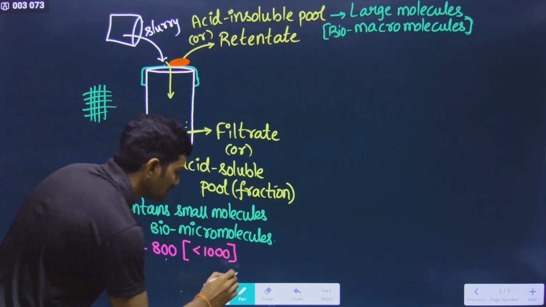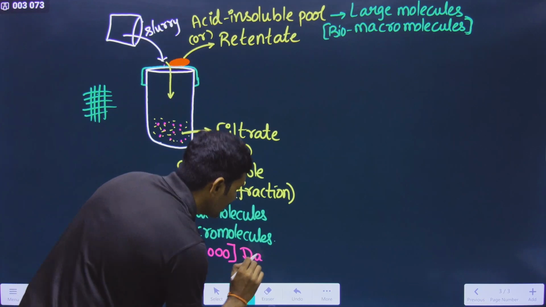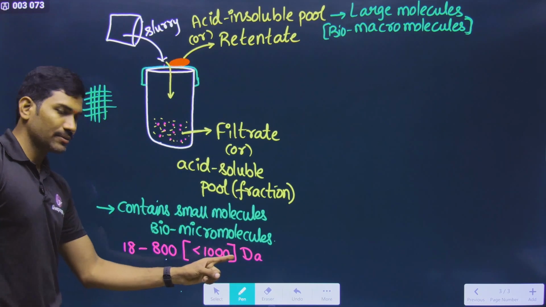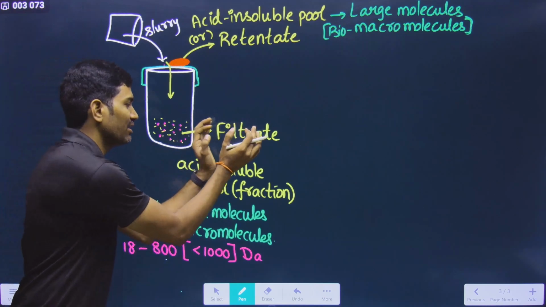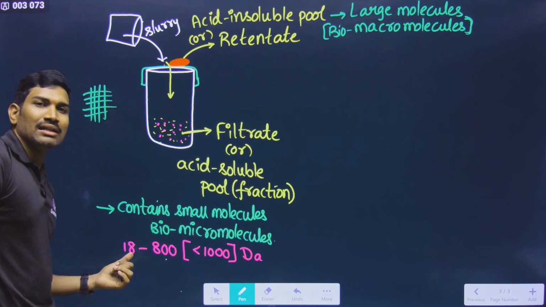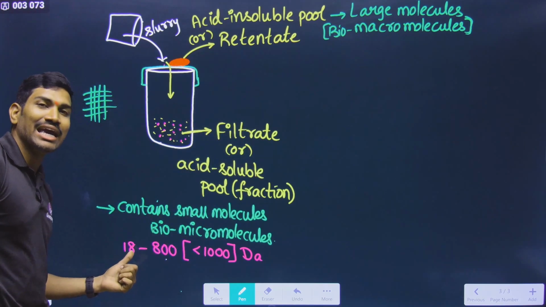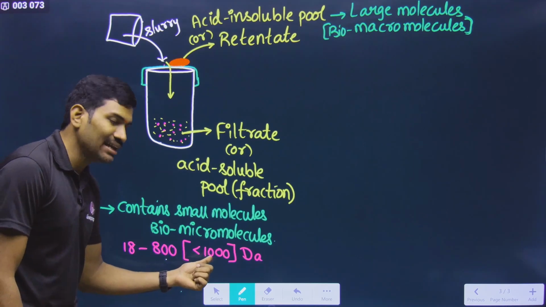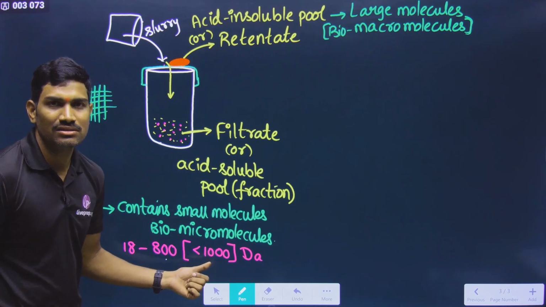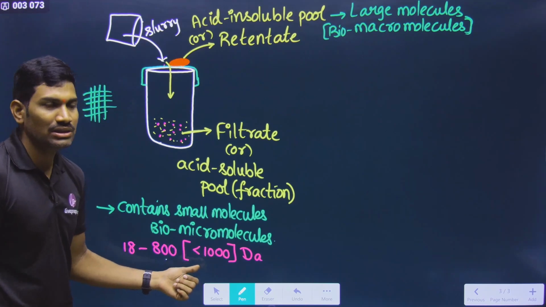And what are the units? They are Daltons, capital D, small a. So the molecules present in the filtrate or acid soluble pool have a size range between 18 to 800 Daltons, or simply less than 1000 Daltons.